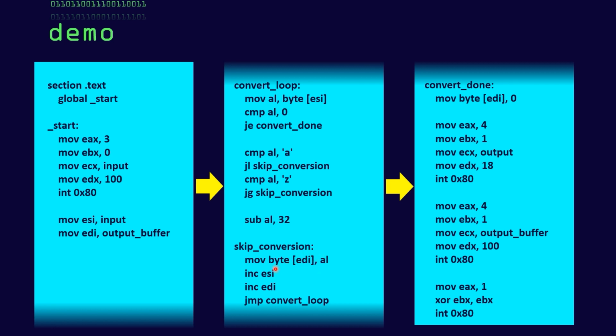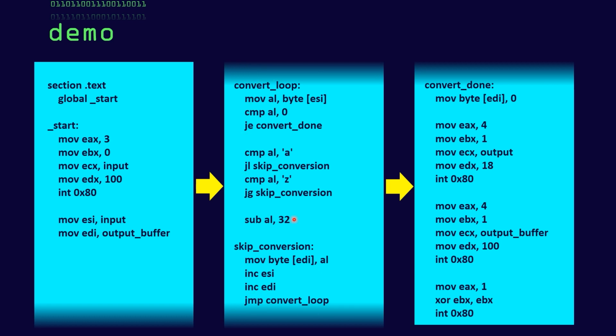Then we are going to increment ESI by 1, which will basically just move one character. And we're going to do the same for the source and destination. So we're going to move one character from the input and then one character from the output buffer, which is our converted string. And then we're going to jump to convert loop again.